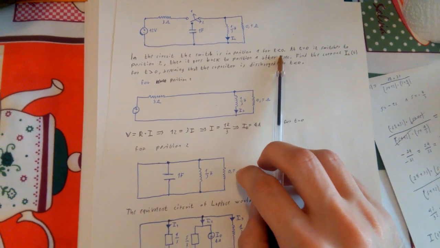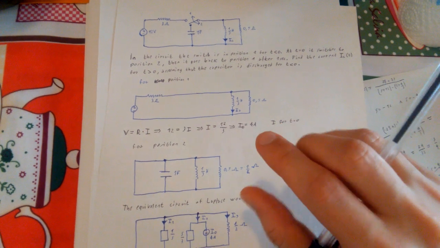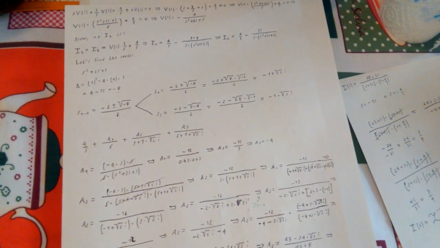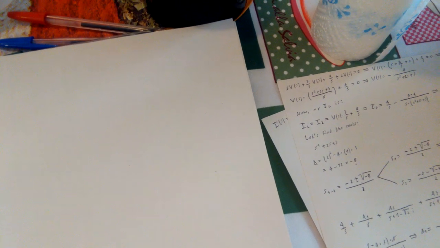So after 1 second, it's going to switch to the previous one and it's basically going to go back to position 1. So it's not over, guys. Because after 1 second, we will basically go back to position 1.